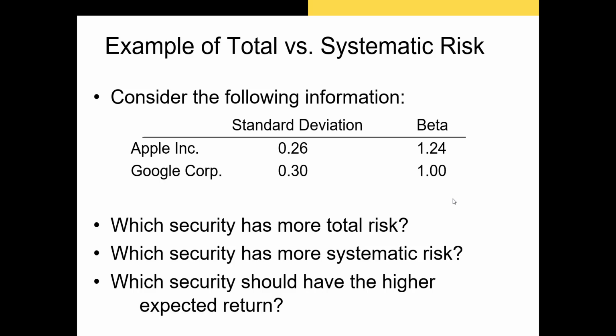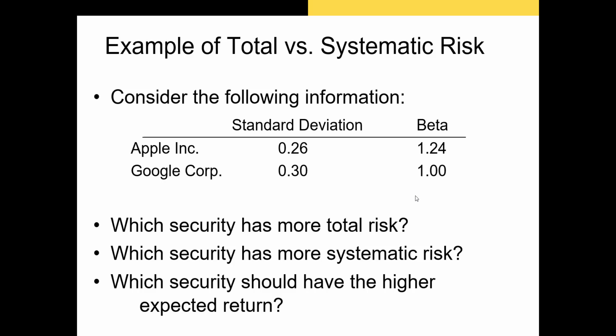So in this case, Google has more total risk than Apple, based on their standard deviations. However, Apple has a higher beta, which means that it has more systematic risk. If, let's say, an asteroid hits the eastern coast of the United States, Apple's going to be more heavily affected than Google might be.